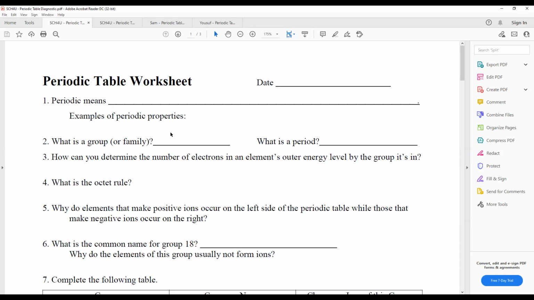So the first column, the first group, the second group. All the elements that fall into that vertical column have the same type of property. They belong to the same family. If you look at the very last column of the periodic table, let me quickly throw up a periodic table here on the screen.